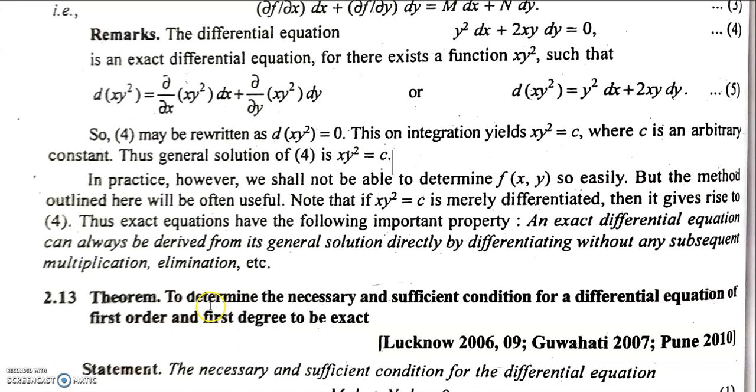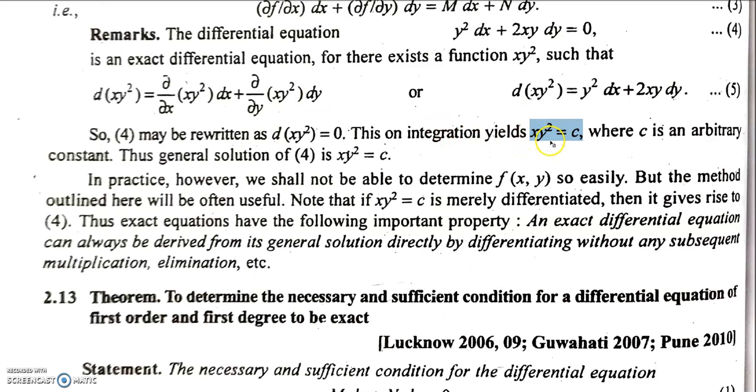The exact differential equation has the following important property: an exact differential equation can always be derived from its general solution. You can see this is the general solution, and if we directly differentiate, that means del del x of this dx plus del del y of this dy.